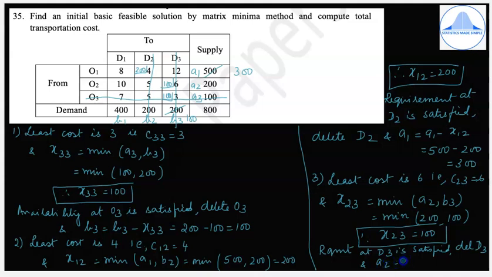A2 is equal to A2 minus X23. So A2 is 200 minus 100 is equal to 100. So score off 200 and then write 100. So you have to cancel out D3, which we have already done.